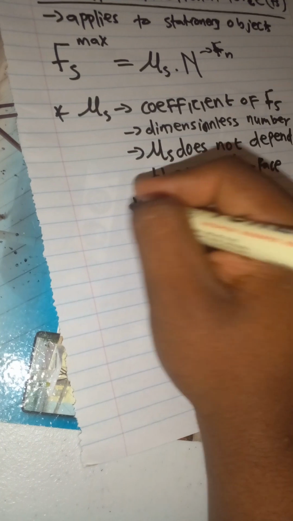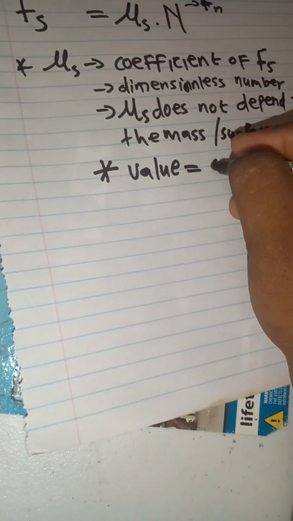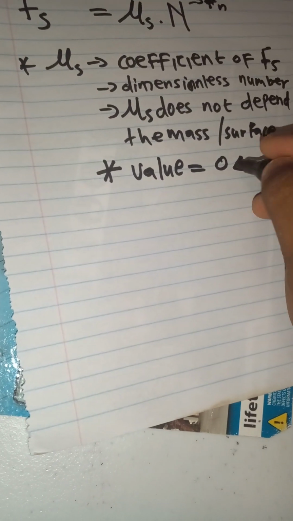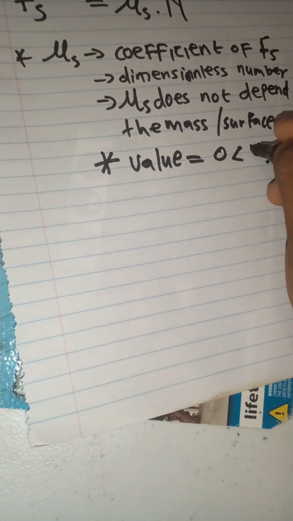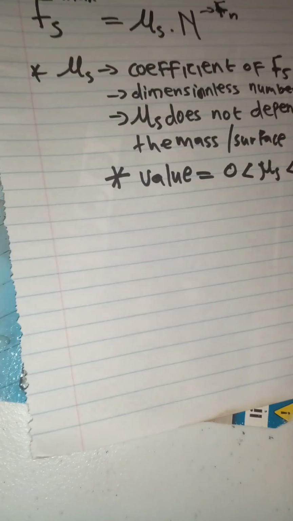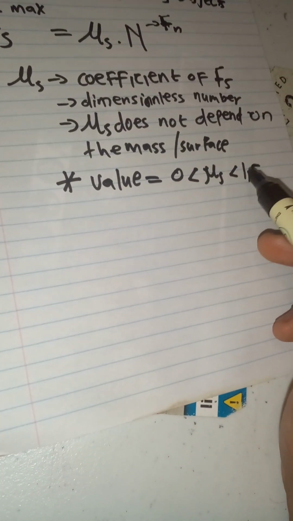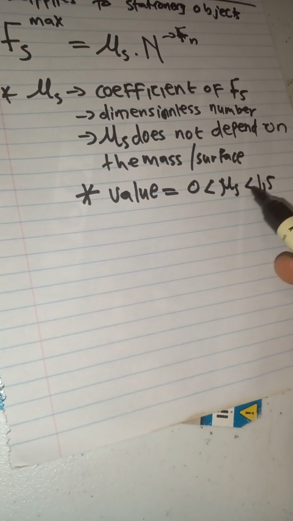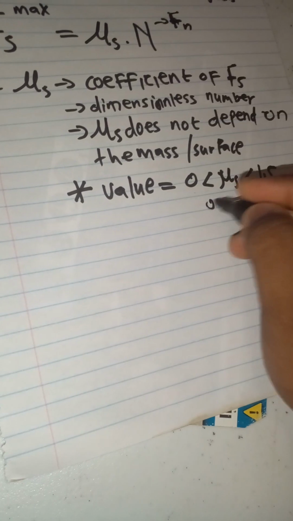And what you have to know, this is very important, is that mu s has a value of 0 less than mu s less than 1,5. So this mu s is less than 1,5. This is the typical range, from 0 to 1,5.